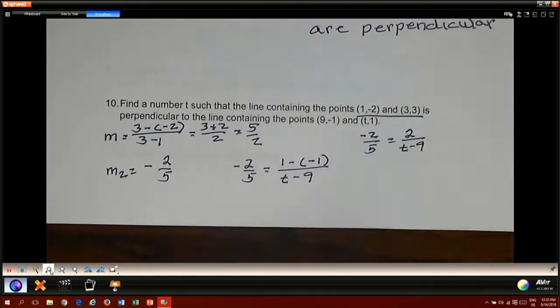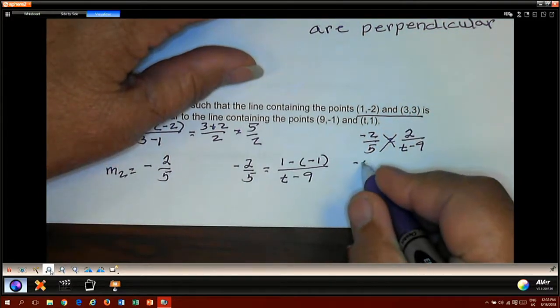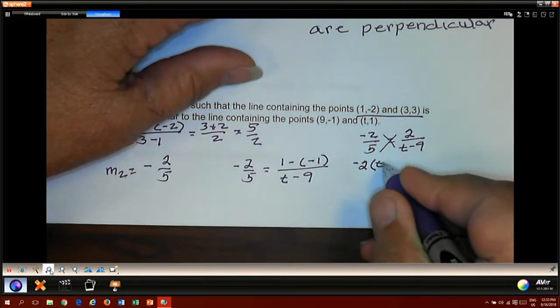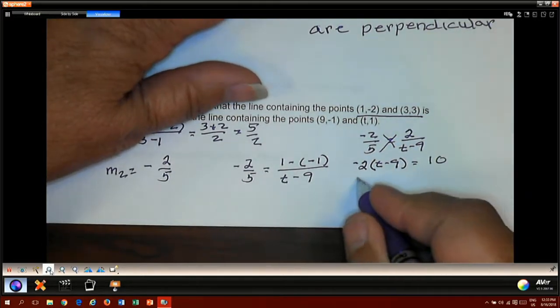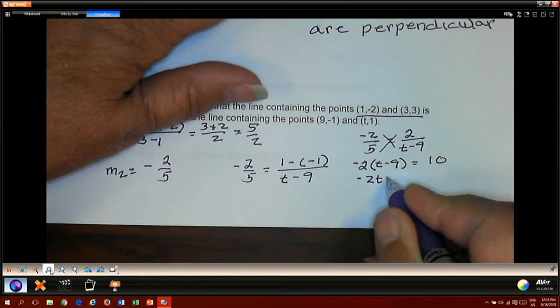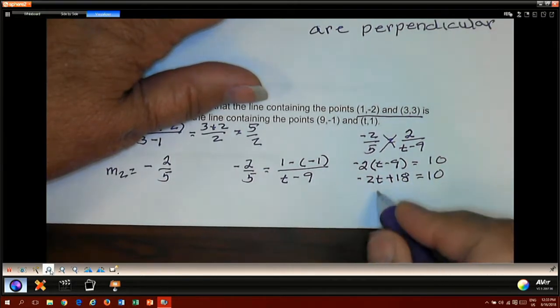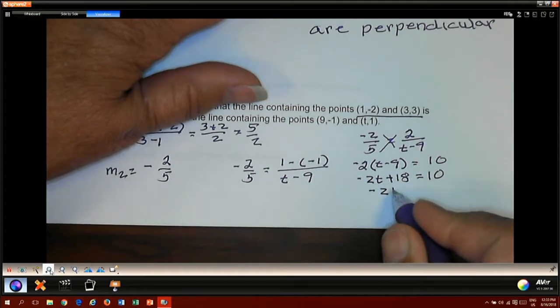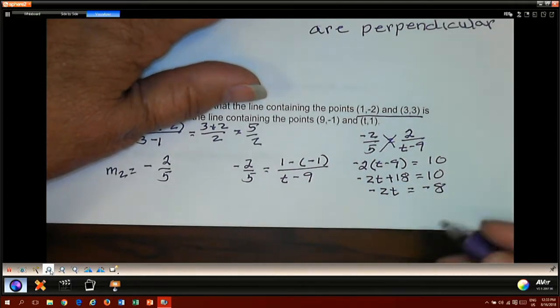Now we can cross multiply. Negative 2 times t minus 9 equals 10. So negative 2t plus 18 equals 10. Subtracting 18, you have negative 2t equals negative 8.